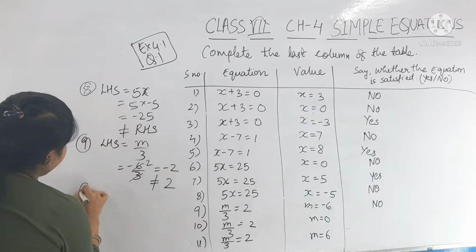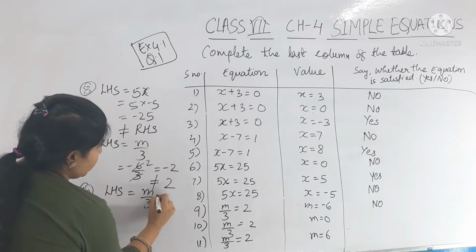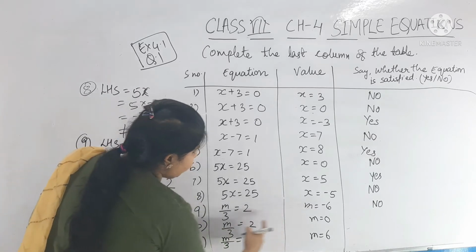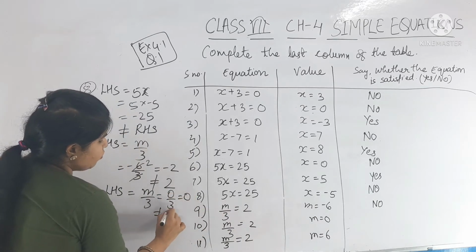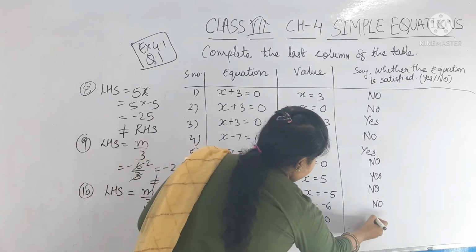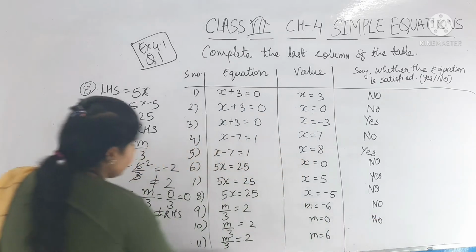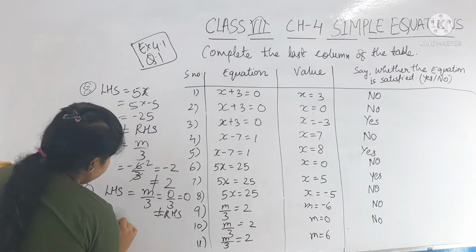Now come to the 10th part. It is LHS equal to m by 3. Here m equal to 0. So 0 by 3 is 0, not equal to RHS. So here also the answer is no. Now come to the last part, that is the 11th part of question number 1.